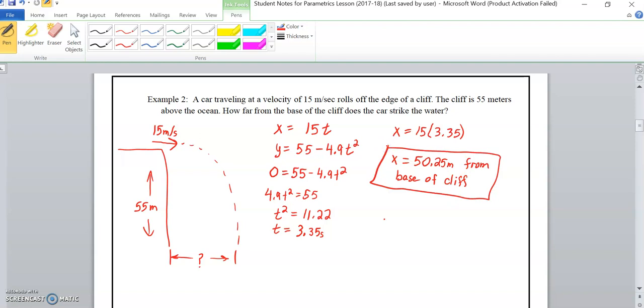Always double check that that's the only question that was asked. How far from the base does it strike the water? And we are good to go.